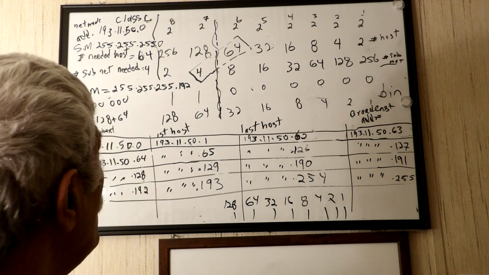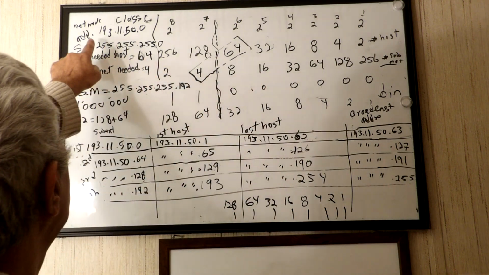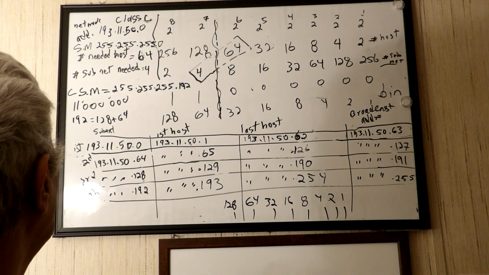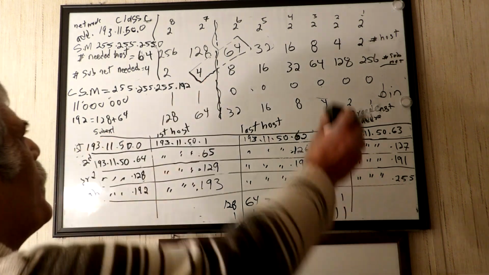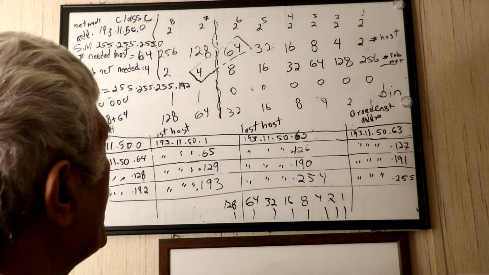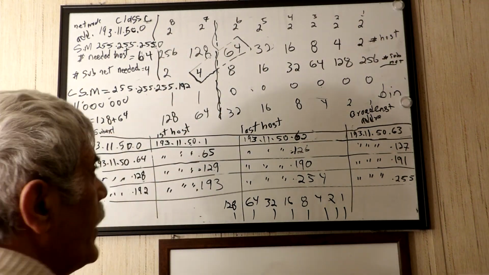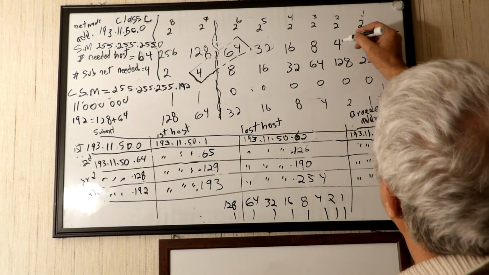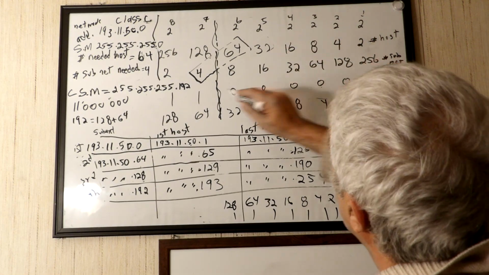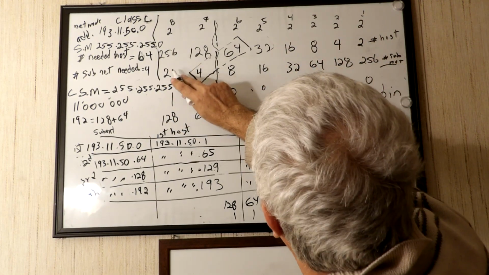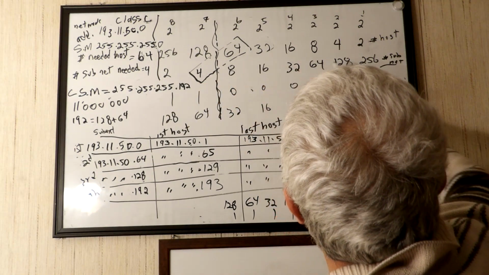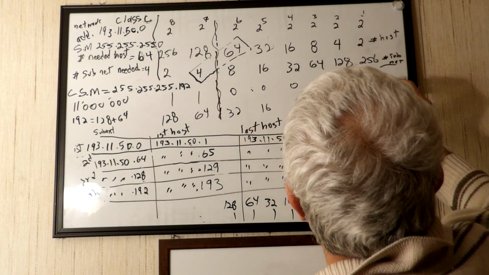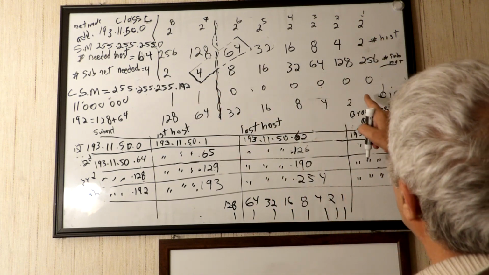So what you do when they give you a network address that they want for a subnet: you write this table. This starts from 2 to the power of 1, 2 to the power of 2, 2 to the power of 3, and you write the opposite of this one in this line, and then binary numbers are 1, 2, 3, 4.